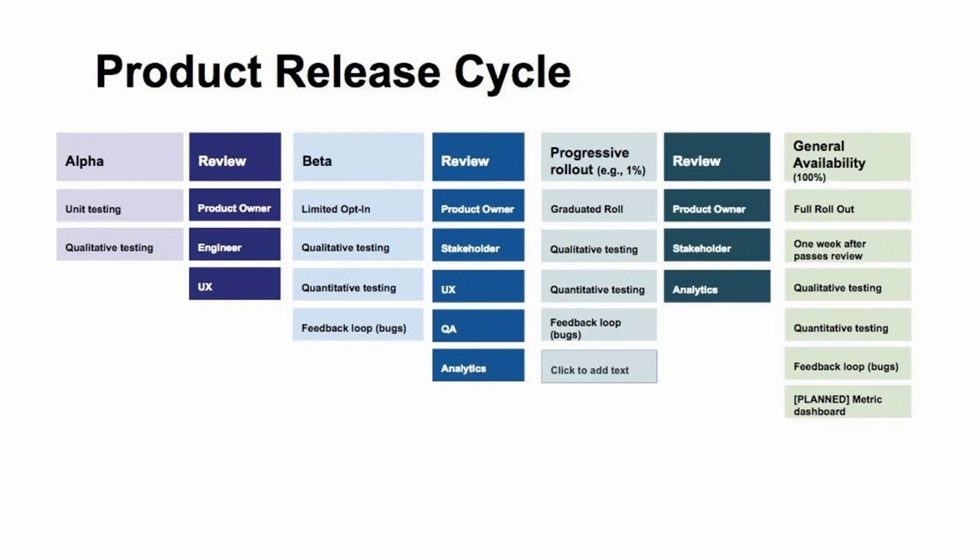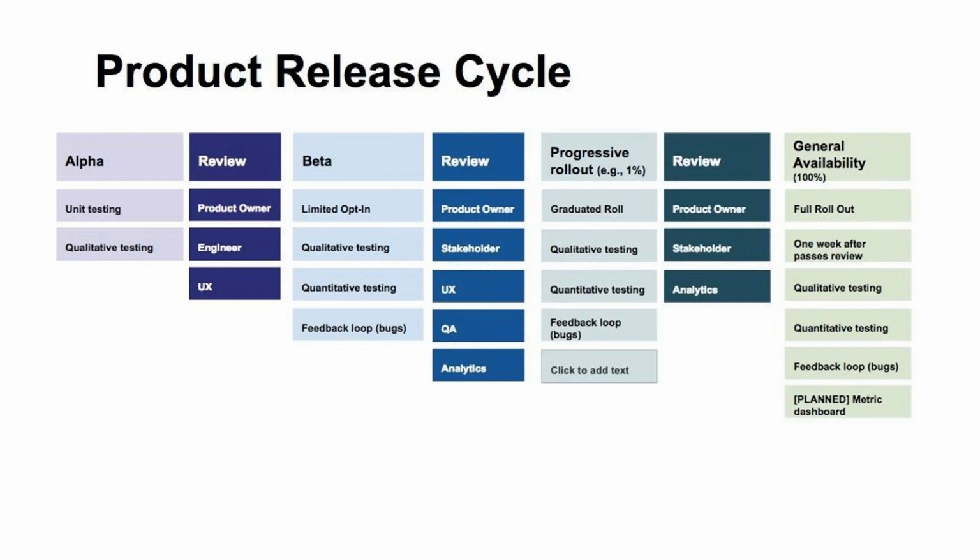There are different kinds of release cycles, depending on the organization. Not all organizations follow the same terminologies, but typically sometimes we do an alpha release, sometimes a beta release, sometimes a progressive rollout, and sometimes general availability. Let's say your product is still under development and you want a little bit of market response from the end user perspective.